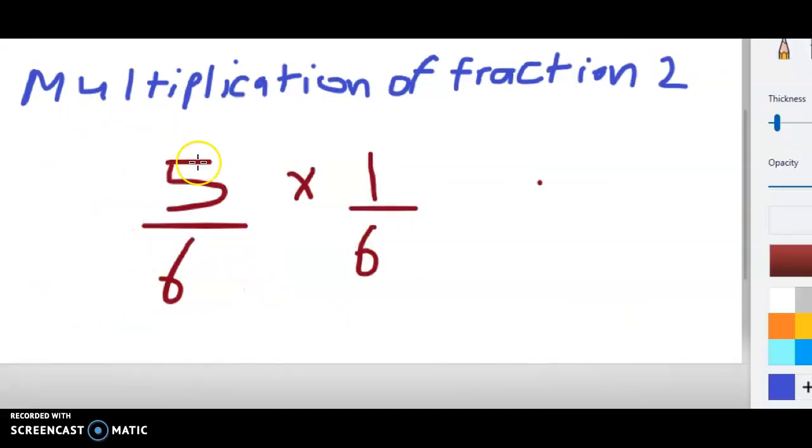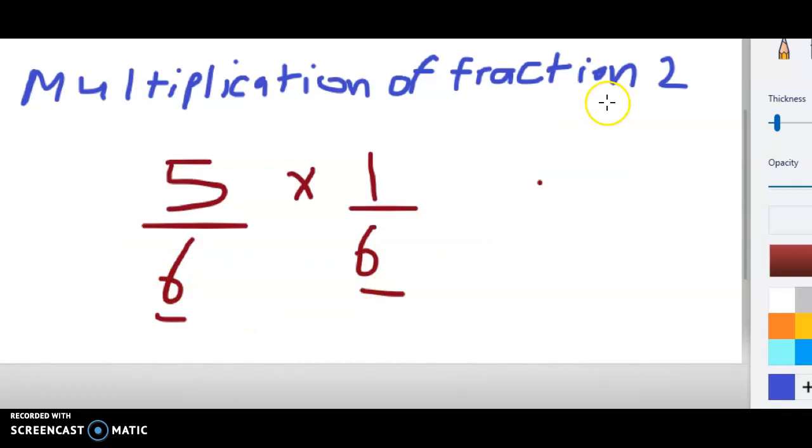Let me show you another example in which we have the same numbers, but what should we do? For example, 5 over 6 times 1 over 6. 5 over 6 cannot be simplified. 1 over 6 cannot be simplified. 6 is in the denominator here, and 6 in this fraction is also in the denominator. Can we simplify this way?